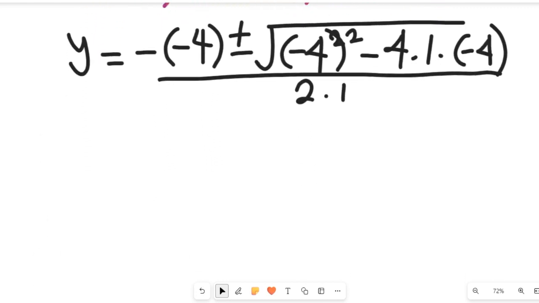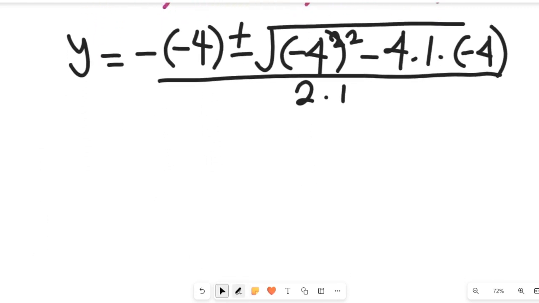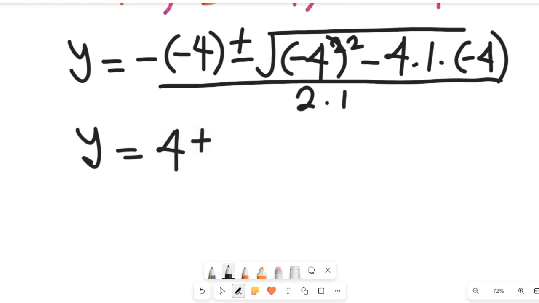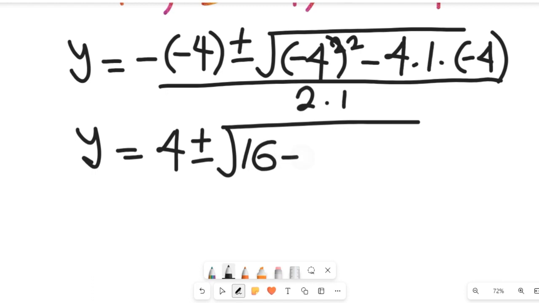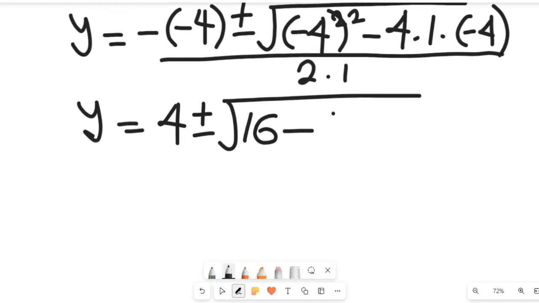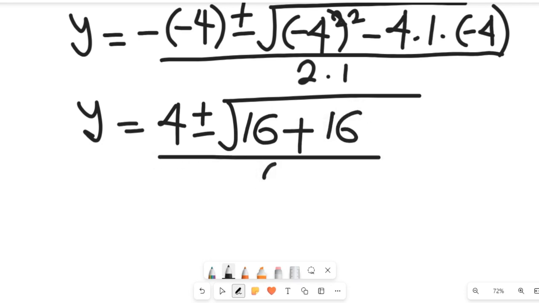Now, having done that, we are going to simplify. So if we simplify that, we'll have our y equal to negative multiplied by negative will give us 4, plus or minus the square root of 4 squared, which is 16, minus 4 times negative 4 times 1, which is going to give us a positive 16, and this will be divided by 2.